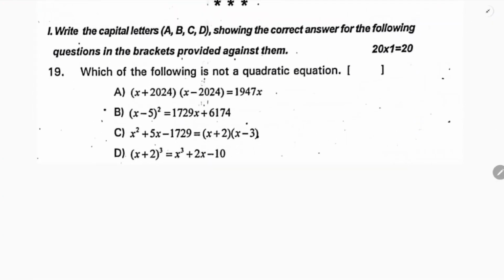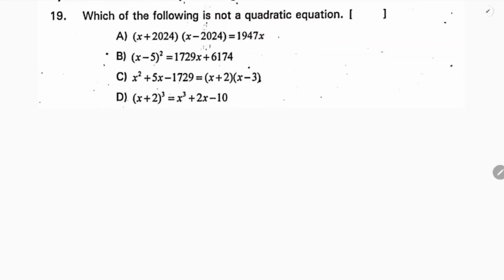Here the first question: which of the following is not a quadratic equation?